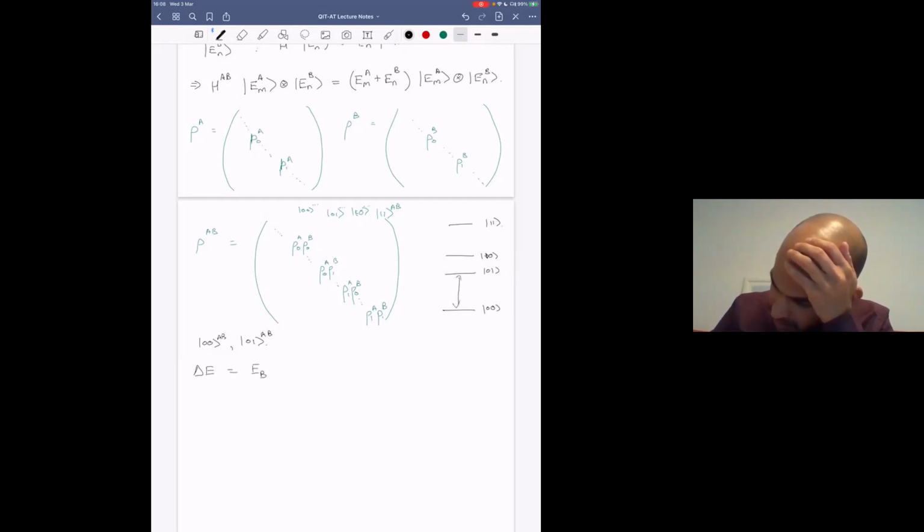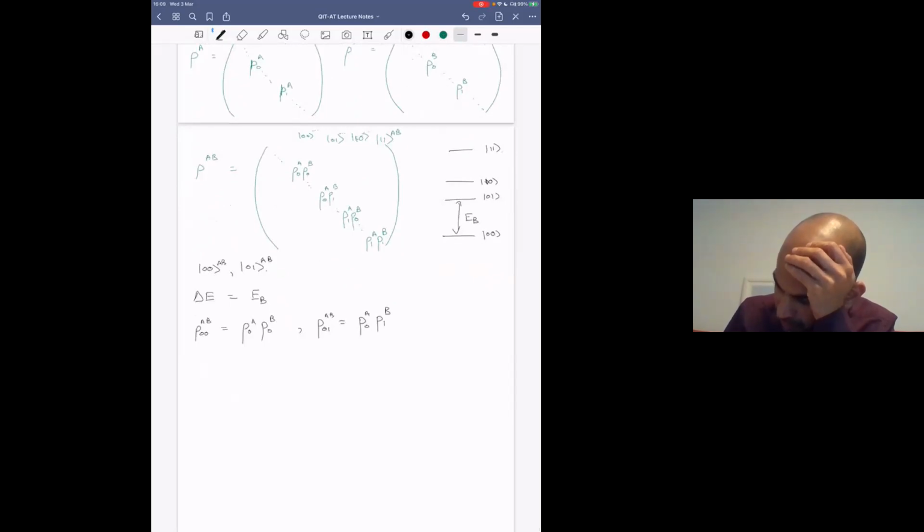So this is now just a difference between the energy eigenstates of the B system. The population P00 on AB is equal to P0A P0B, and the same thing, P01 on AB is very simply P0A P1B.